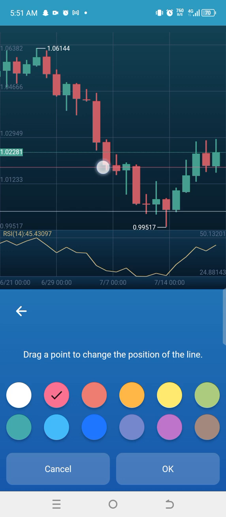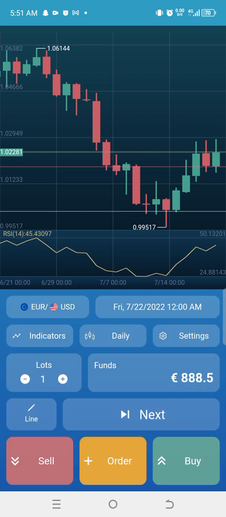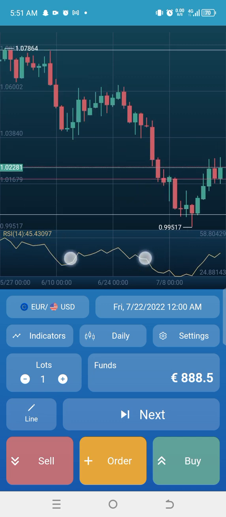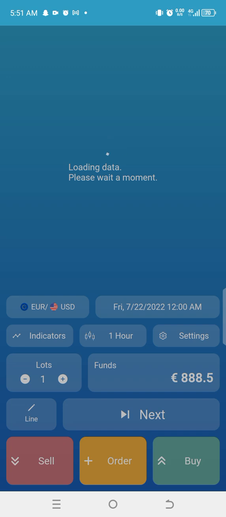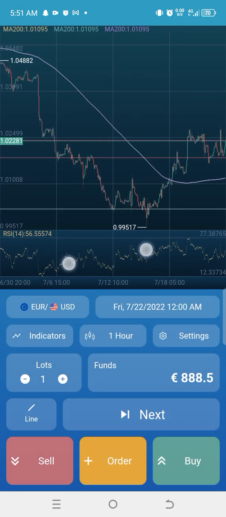Open and close of the candle of interest, which is here. Look for the counter trend line.